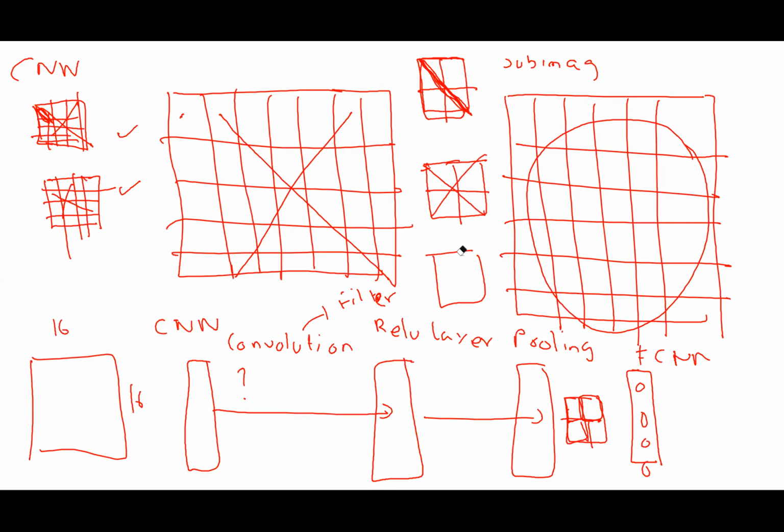So there's another section which learns the other cross. If there's a 4 by 4 here, it will learn this pattern. There's one pattern like this, another pattern like this, another pattern like this.